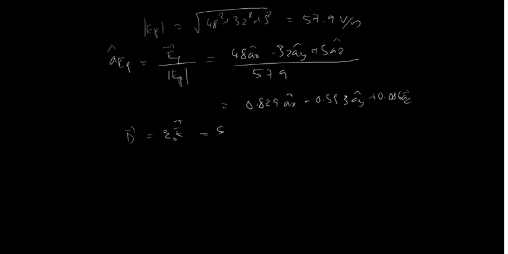So epsilon 0 into 48 AX cap minus 32 AY cap plus 5 AZ cap will give you 35.4 and so on.